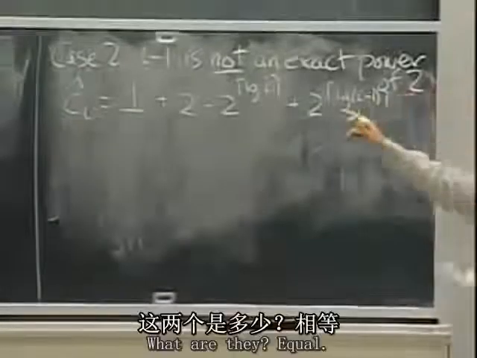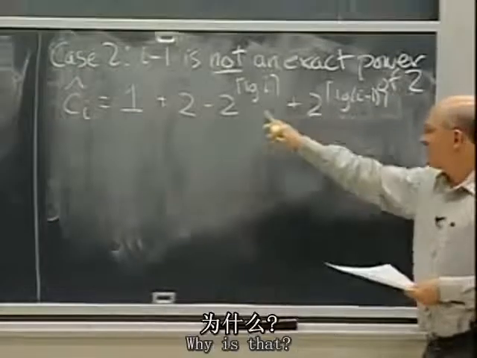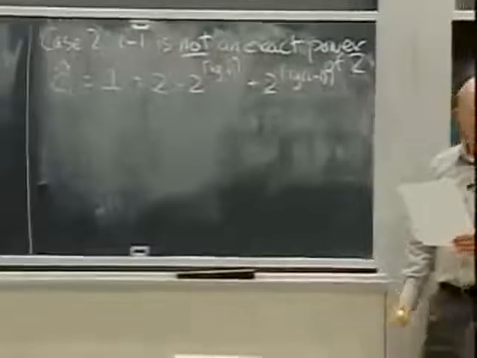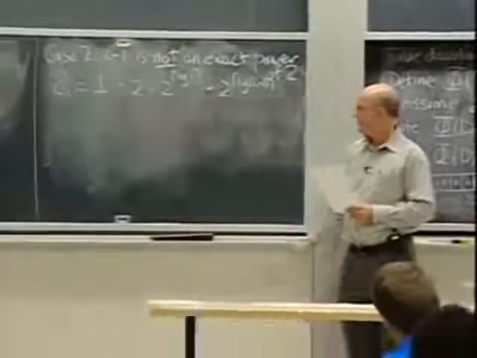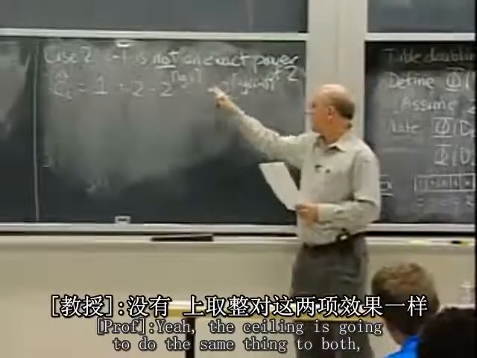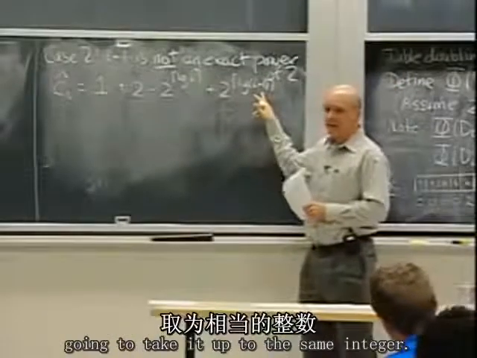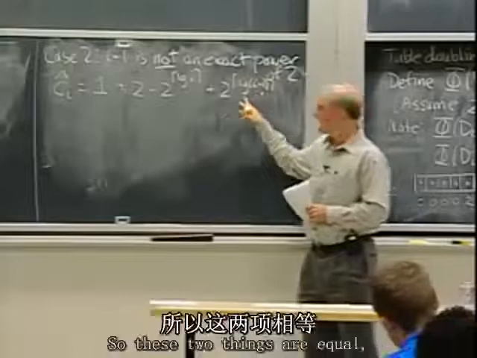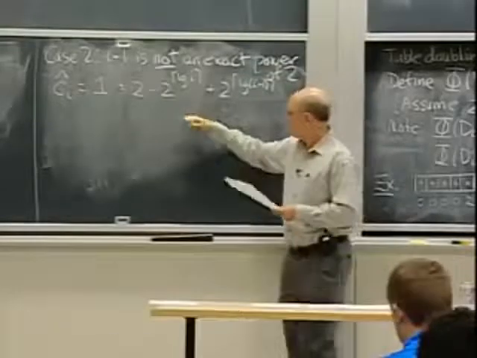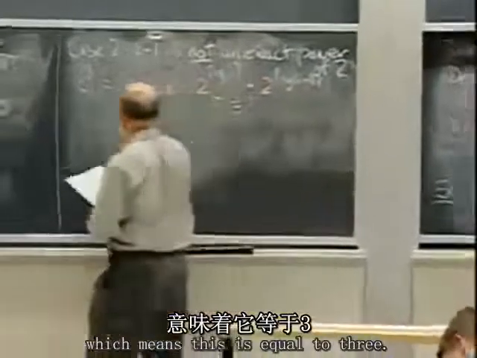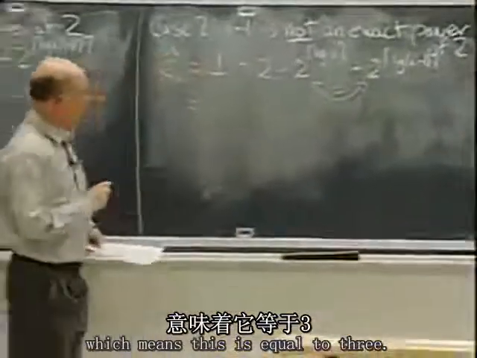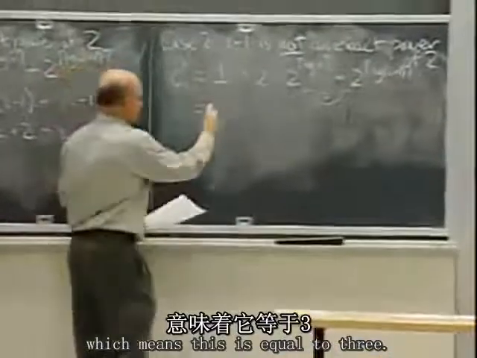They're equal. Why is that? Yeah, the ceiling is going to do the same thing to both. It's going to take it up to the same integer. So these two things are equal, which means this is equal to 3.